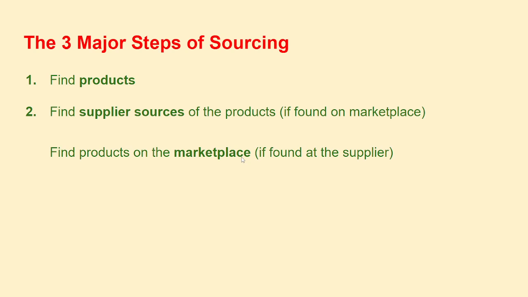So meaning either finding products on the marketplace and then finding those suppliers, or finding products at the supplier and then matching them to the marketplace. But the third step, which is really big, is actually looking at the potential profit of those products.